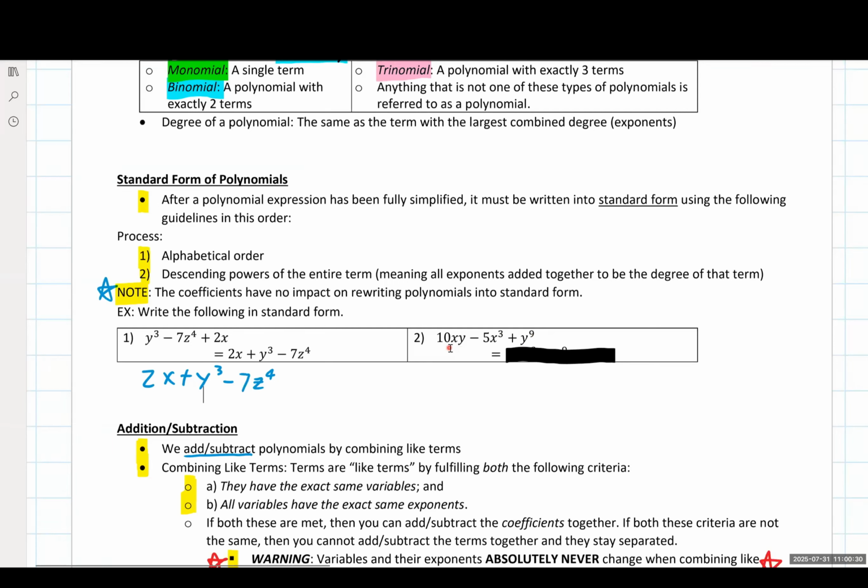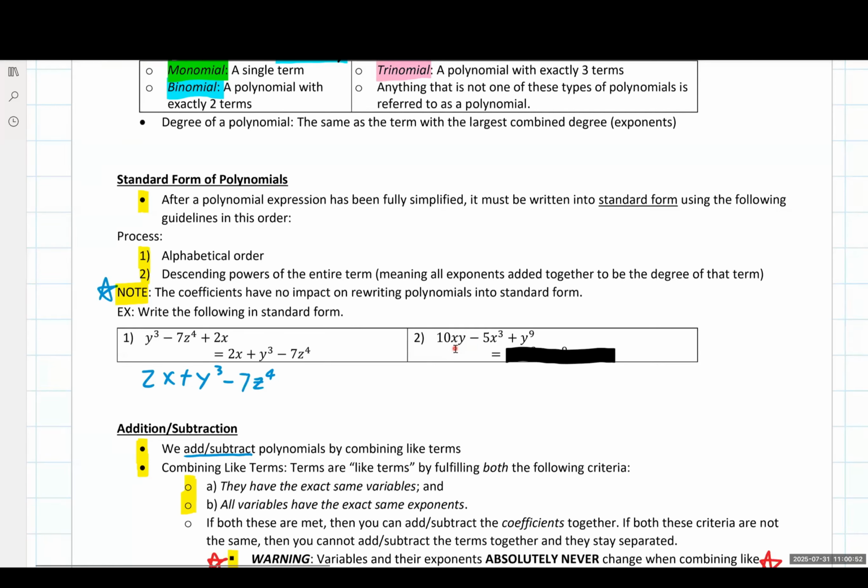And now I have the issue that I have an x here and an x showing up here as well. Which term has to go in front? Well, I look to my second rule in standard form, descending powers of the entire term. So what is the degree of this entire term?